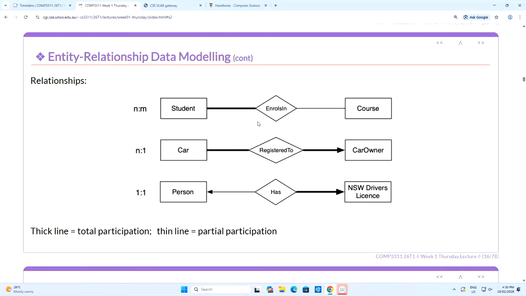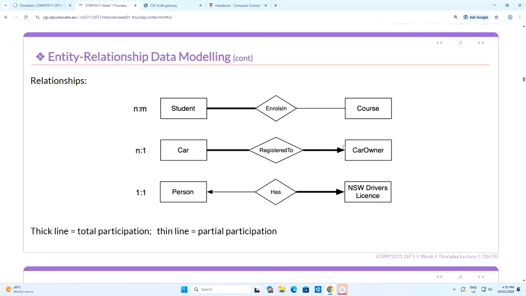So a student must totally participate in some courses. While a course, if nobody takes it, it is still a course. It may sound strange, but this is the underlying assumption this piece of ER diagram is telling you.